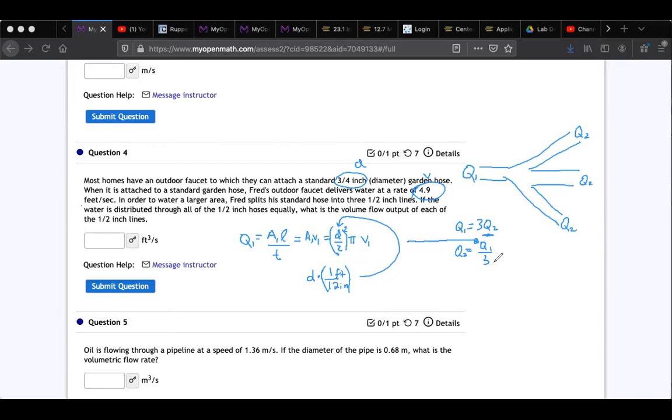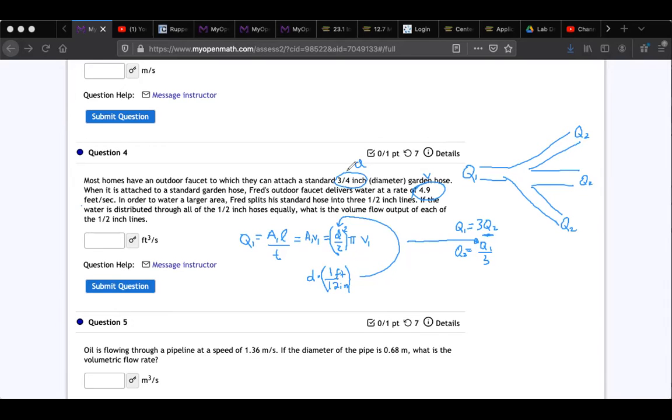Now, what numbers do you have for your velocity and your diameter? My diameters are all the same, and my velocity is 8.5. Okay, let me see if I can get something here. So the diameter of 3/4 of an inch, the radius is 3/8, which is 0.375. Then I'm going to divide that by 12 to get that in feet.